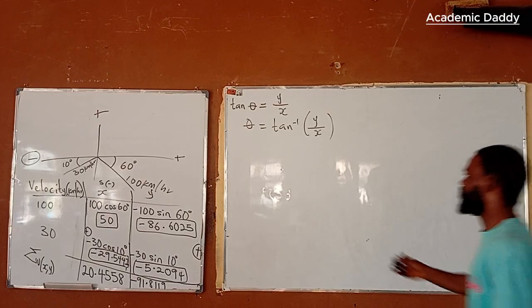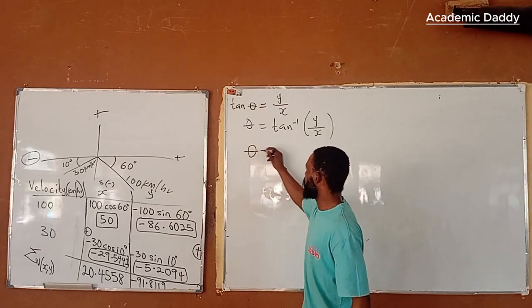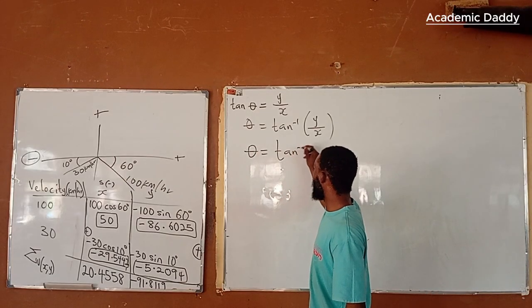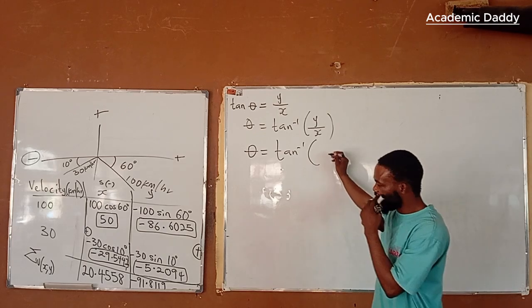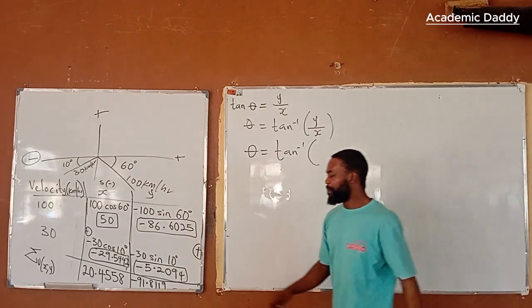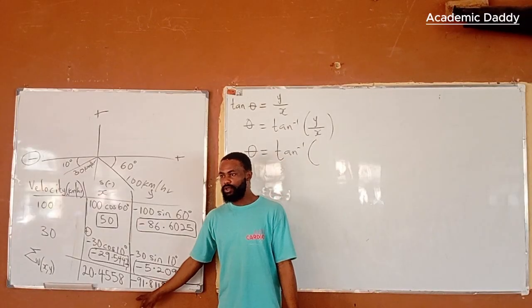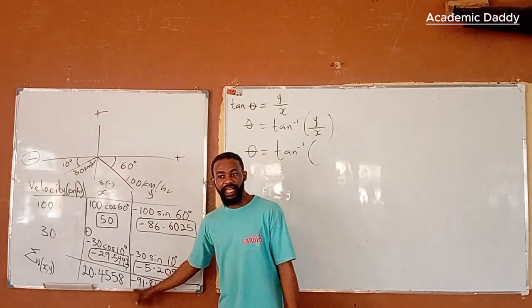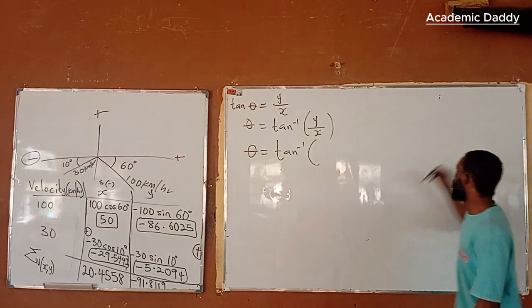So I will now have theta equal to tan inverse of, let me check, what's the y? I will not put that minus. Hope you know we don't put minus for an angle. This minus is only showing me the direction. See what this minus is trying to do for me.